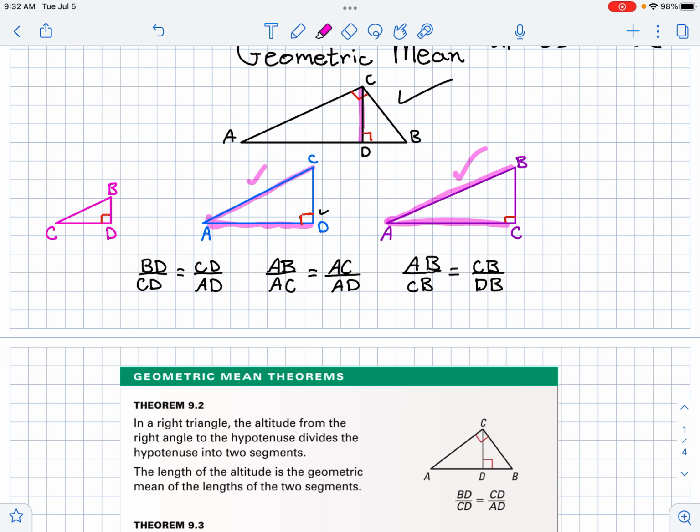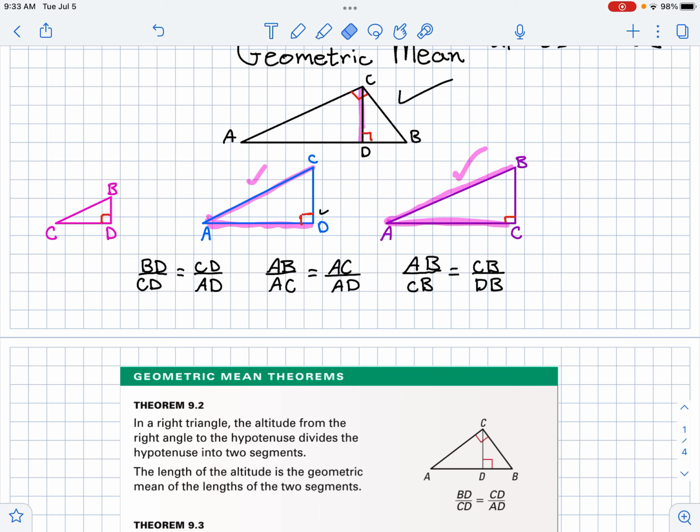So think about that a minute. I've got AB is to AC, this hypotenuse up here, as AC is to AD. See that? So notice what happened.